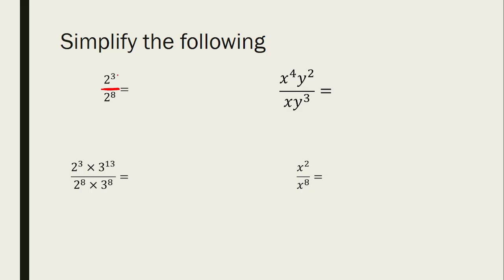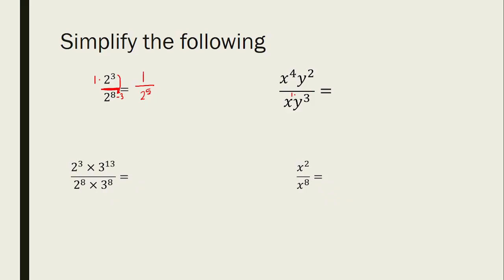So what is stopping us from taking this 3 and moving it down? Well, nothing. The only thing is I'm going to be left with a 2 to the power of 5 in the denominator. And what's going to be on top? Well, I've got 1 times anything is that thing, so 1. Easy peasy.